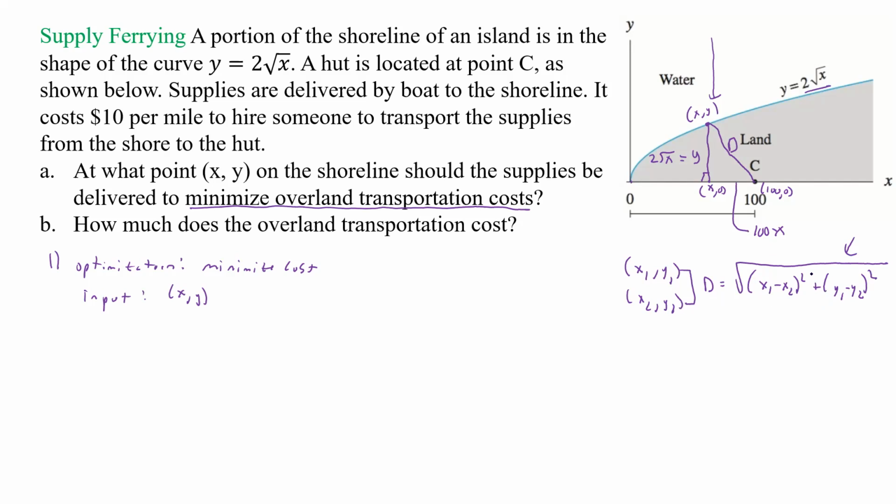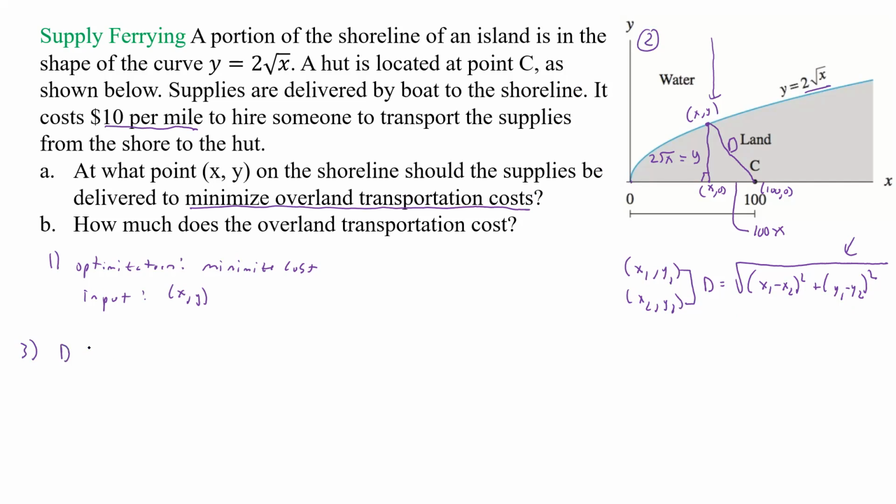All right, so what do we want to do? It says to minimize the overland transportation cost. Well, the cost per mile is fixed, so that means we want to minimize d. So we want to minimize that distance. If we plug the points we know into this formula, so that's 1, this is kind of our 2, and 3 is where we start writing out our equation.